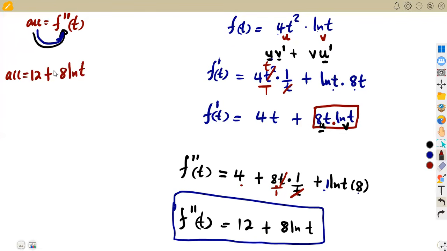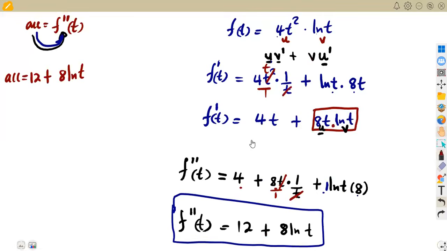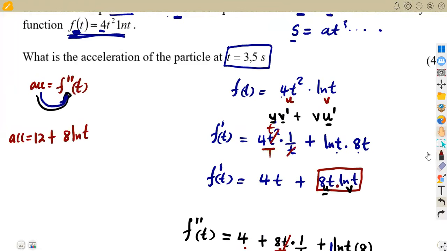This is the expression where we are going to obtain the exact value of the acceleration if we are given t representing our time, and we have this t as 3,5. So we are going to substitute now to say our acceleration is going to be 12 plus 8 ln of t, whereby we are given our t as 3,5 seconds.